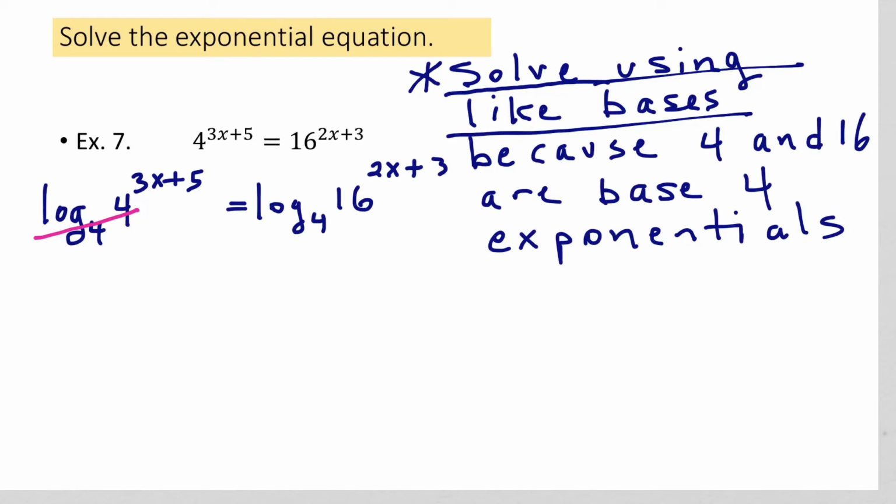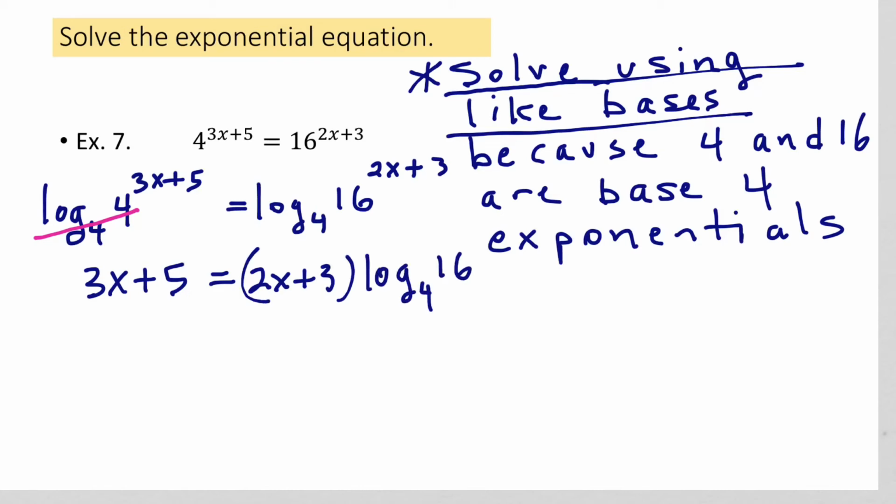So I'll have 3x plus 5 is equal to, using the power property, I'm going to put 2x plus 3 in front. 2x plus 3 times log to the base 4 of 16.